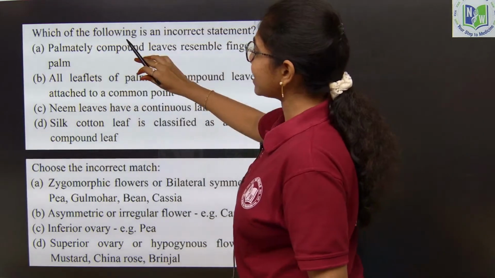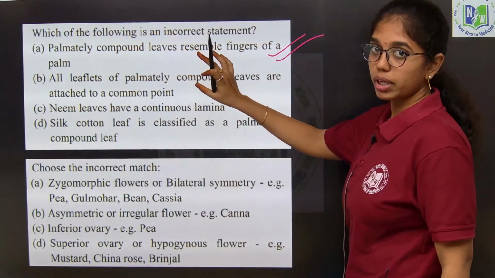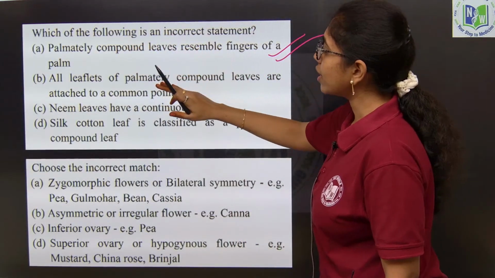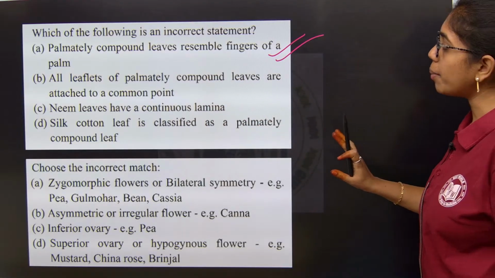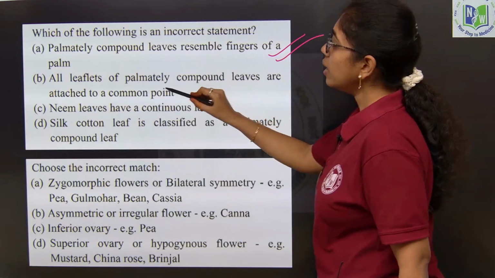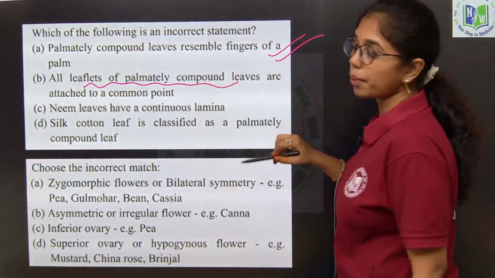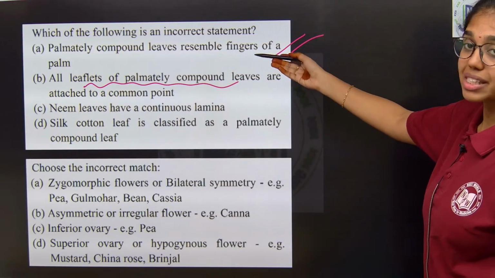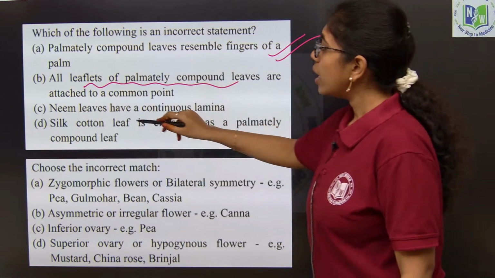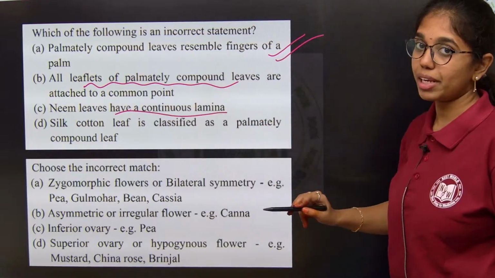The best example is what? Alstonia. Then, all leaflets of palmately compound leaves are attached to a common point. True, right? That is why it resembles fingers of a palm.